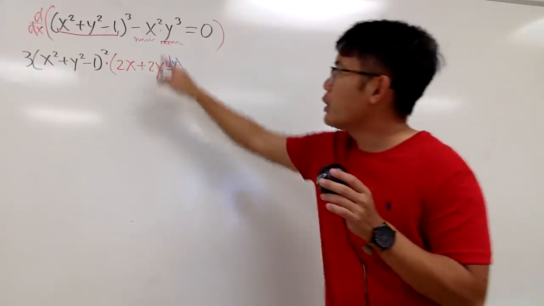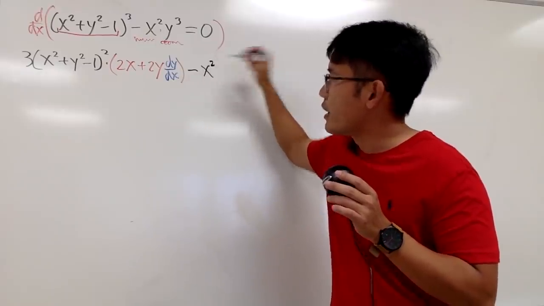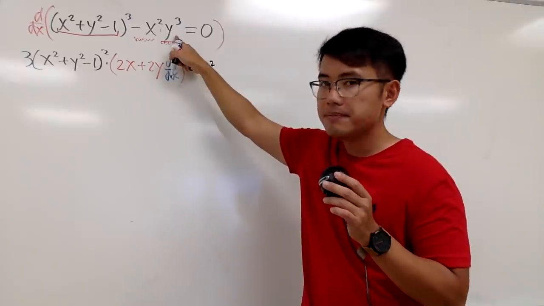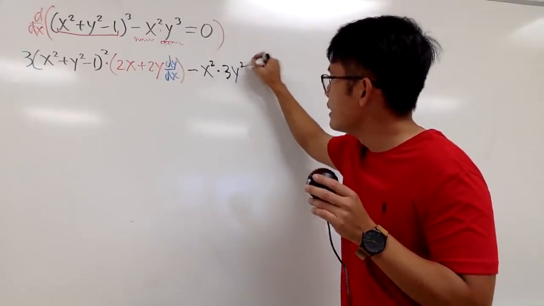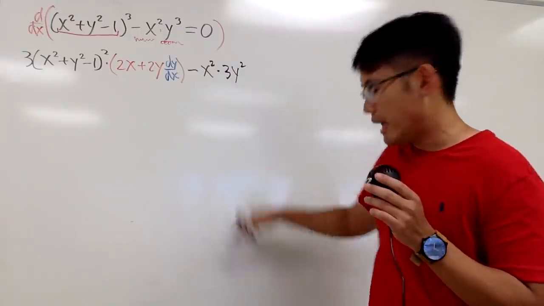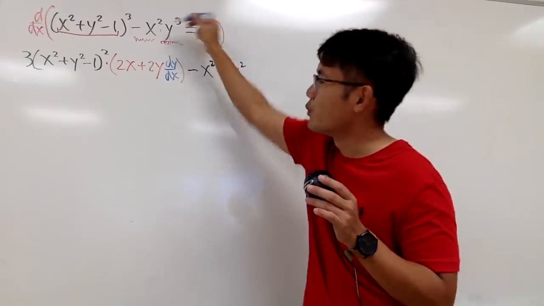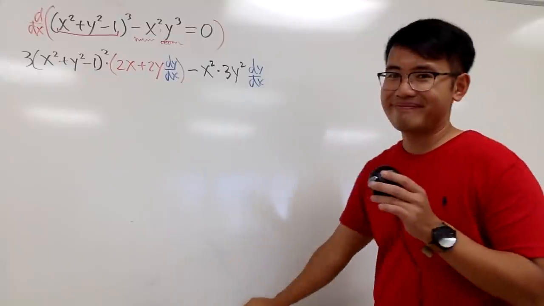Okay, here we go. Product rule says I will keep the first function. Namely, I will write down minus x squared. And we multiply by the derivative of the second. Derivative of y to the third power is 3y squared by the power rule. And by the chain rule, we multiply by the derivative of y, namely dy dx, like that.